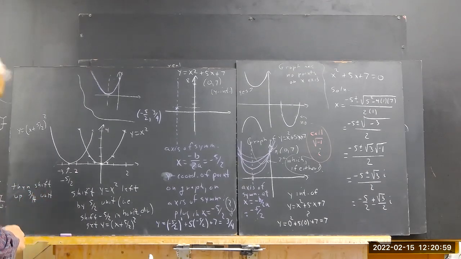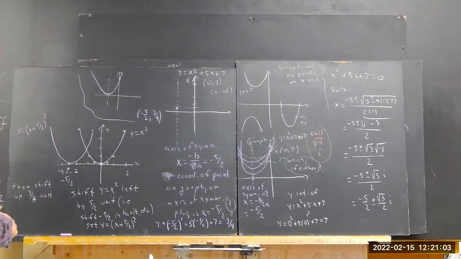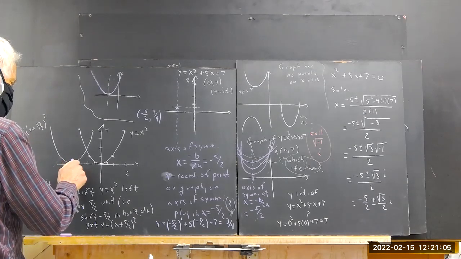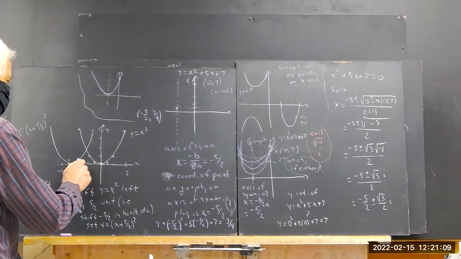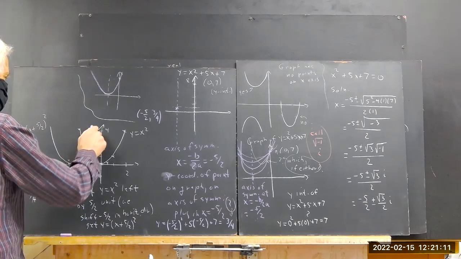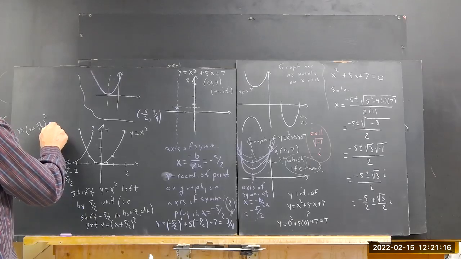Then we shift it up 3/4 of a unit. So it's going to shift every point up 3/4 of a unit. This point's going to go up to here, and this point's going to go up to here. You've got a point over here that'll go up to here.